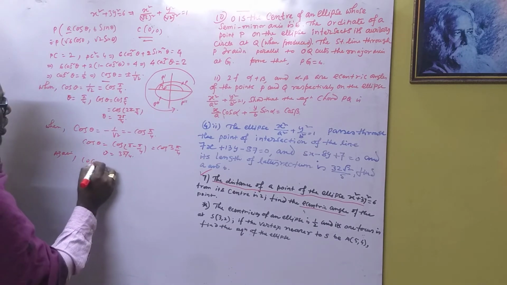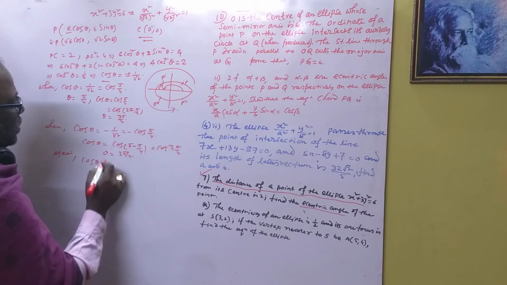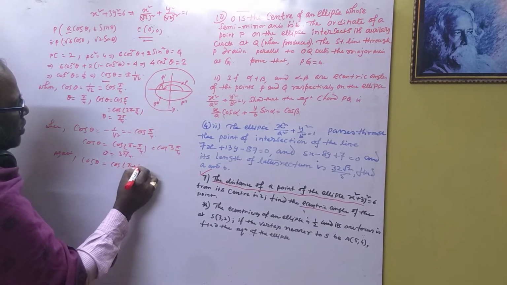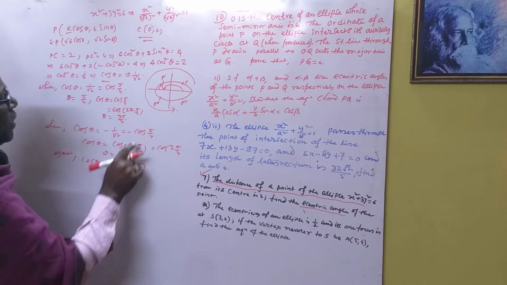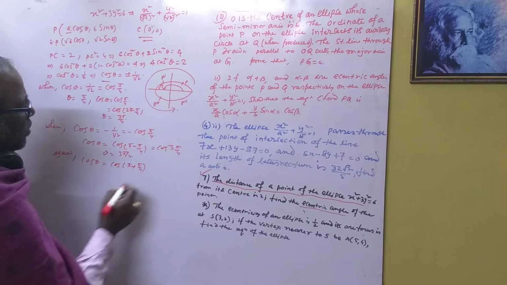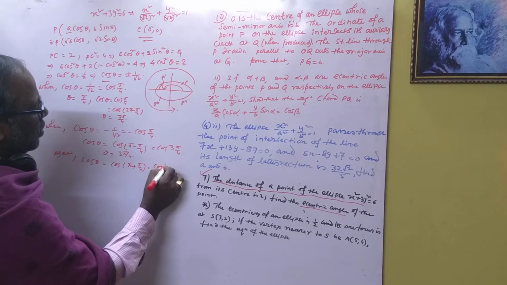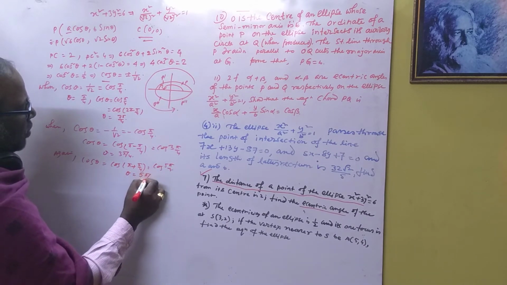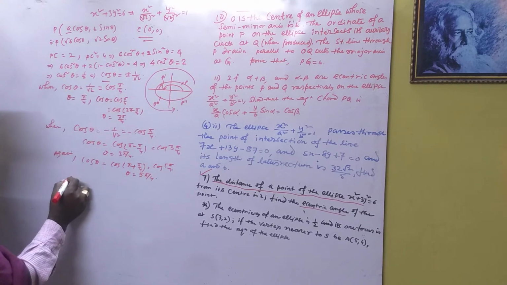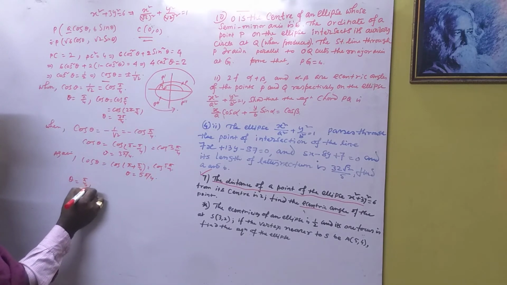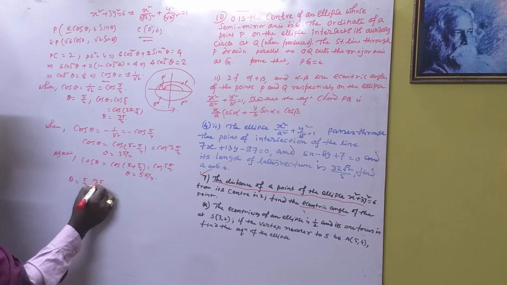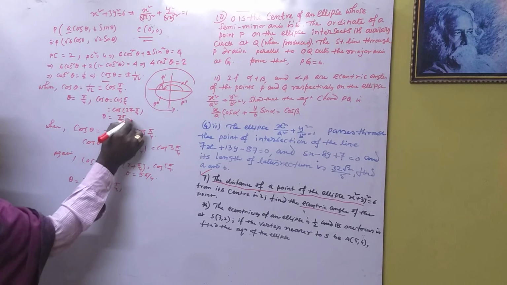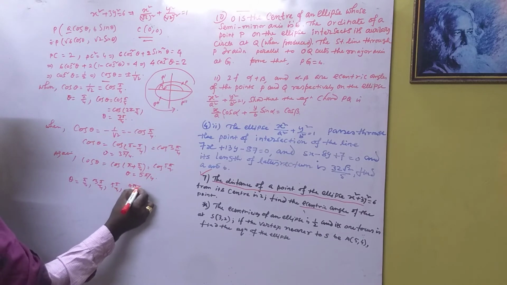And when theta lies in the third quadrant, we can write pi plus pi by 4, then also we get minus cos pi by 4, and that is 5 pi by 4, so theta is equal to 5 pi by 4. Therefore the eccentric angles are theta equal to pi by 4, 3 pi by 4 for the second, 5 pi by 4 for the third, and 7 pi by 4 for the fourth.